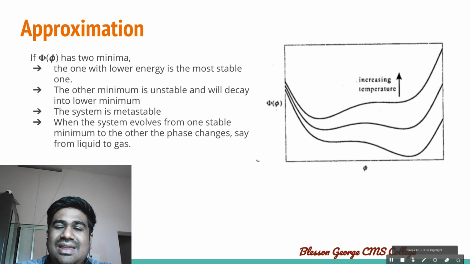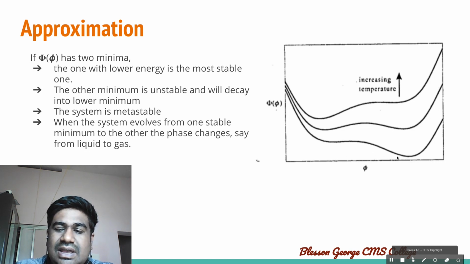But there is an interesting development. See, if we increase the temperature, what happens? This was the absolute minimum or the lower energy. But as the temperature increases, what happened? It turned into a metastable state, and the otherwise metastable state now becomes the lower energy state. So consider this as a case.